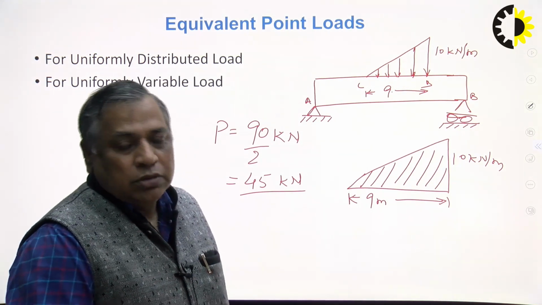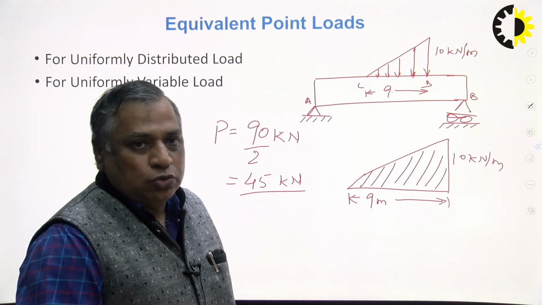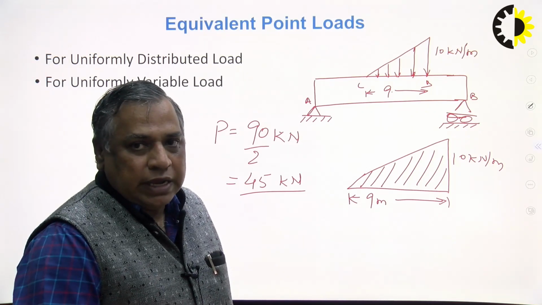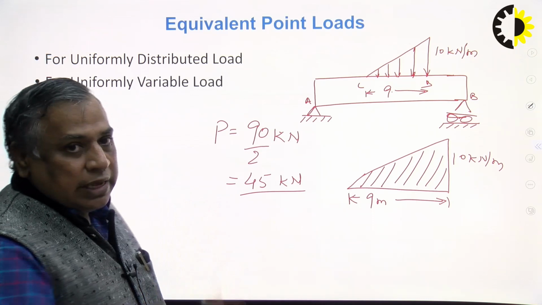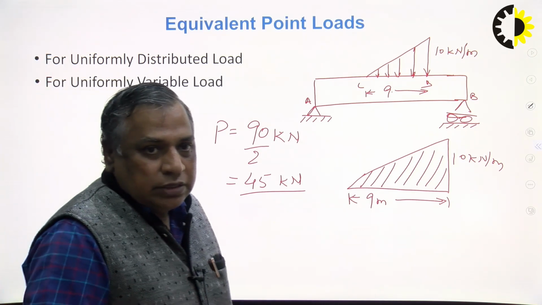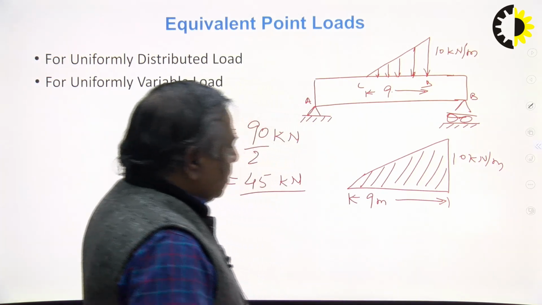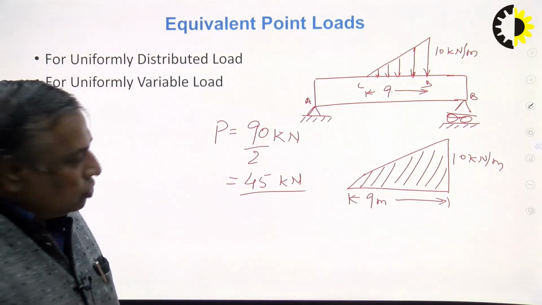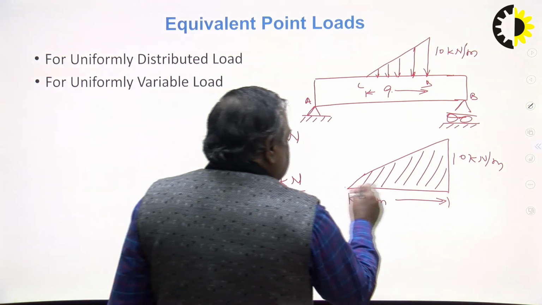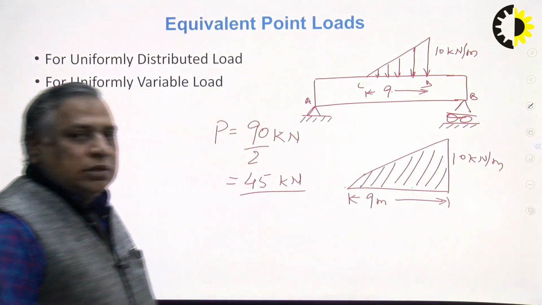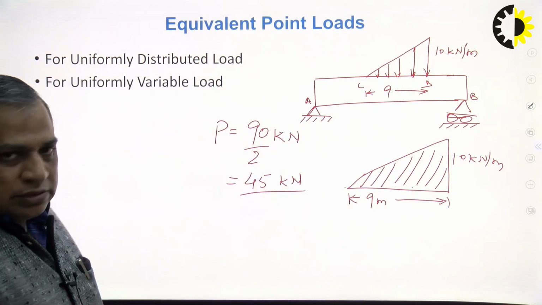Where will it act? It will pass through the centroid of the triangle. The centroid lies at the intersection point of the 3 medians of this triangle. Since this is a right angle triangle, it is 2/3 of the distance from the vertex.